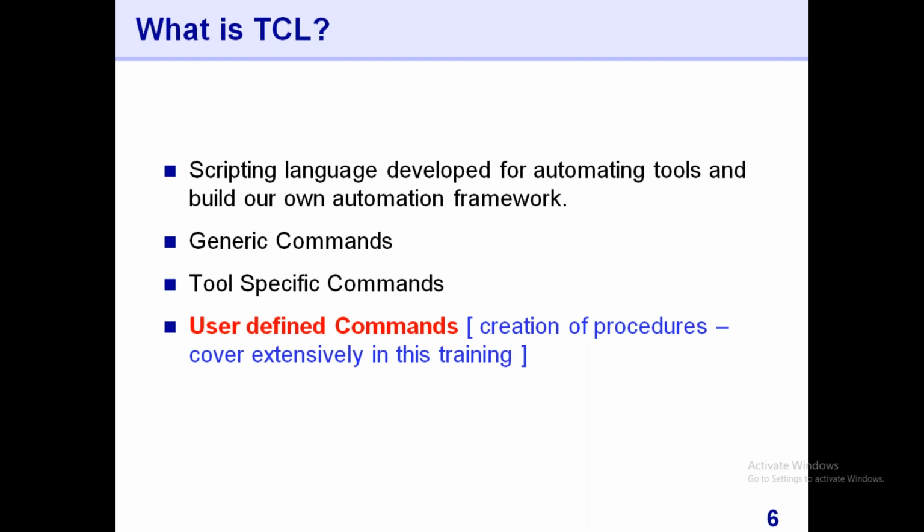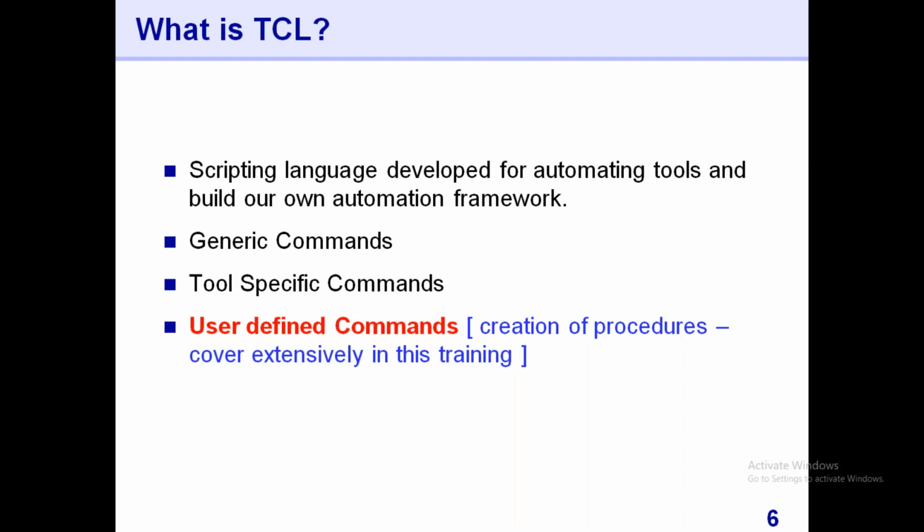Generic Tcl commands: if you take the basic string commands or foreach, if else, these are very generic Tcl commands. We can execute these commands in any platform, either ICC2 or ICC1, PrimeTime, DFT Compiler. Any Tcl interpreter can execute these commands.